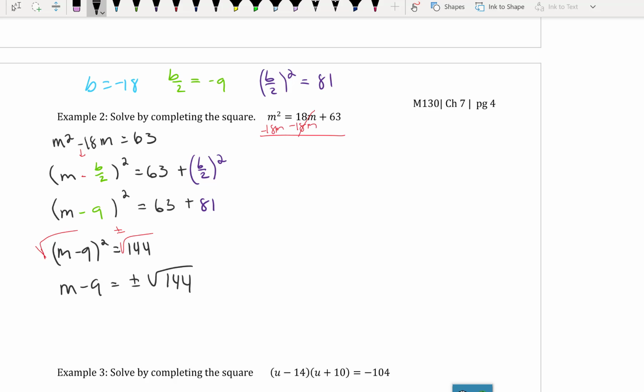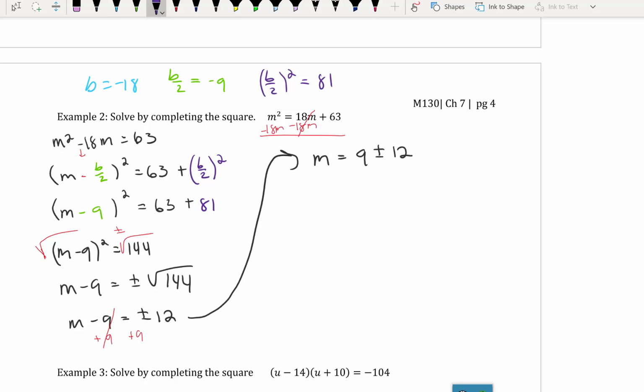And don't forget that the square root of 144 is perfect. That's 12. So m minus 9 is equal to plus or minus 12. And I'm going to add 9 to both sides, so that m is equal to 9 plus or minus 12.